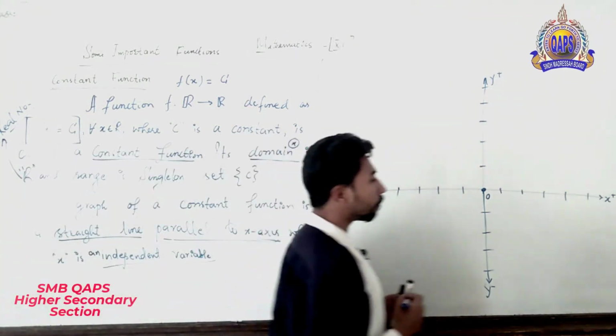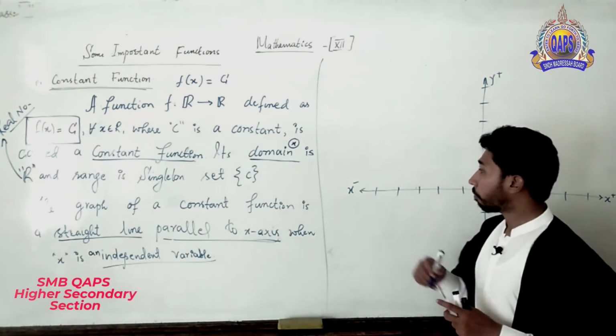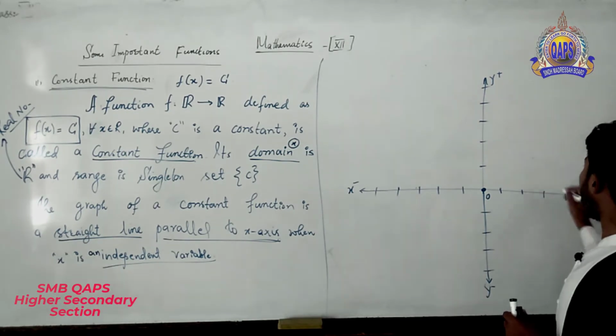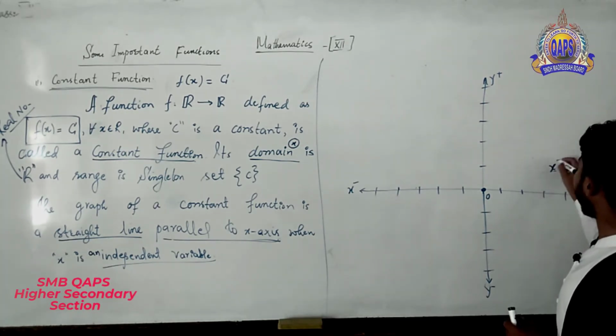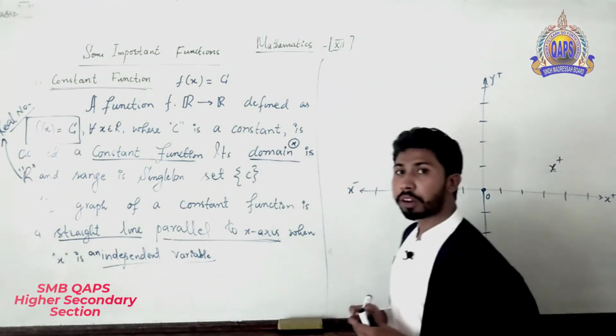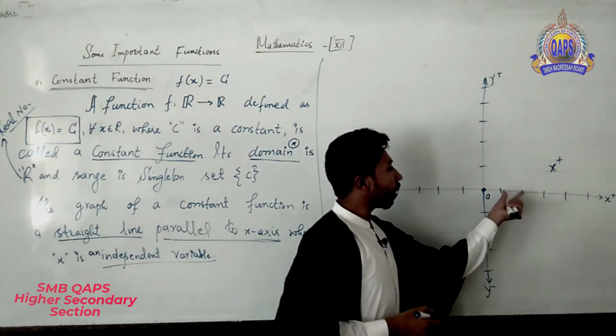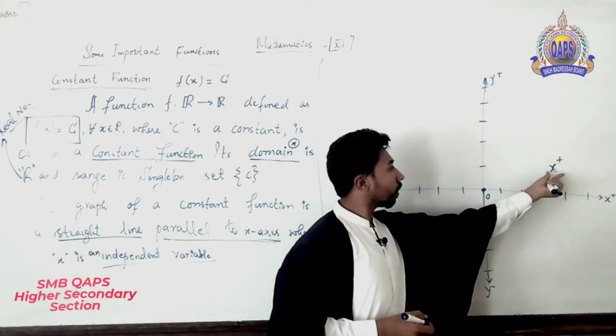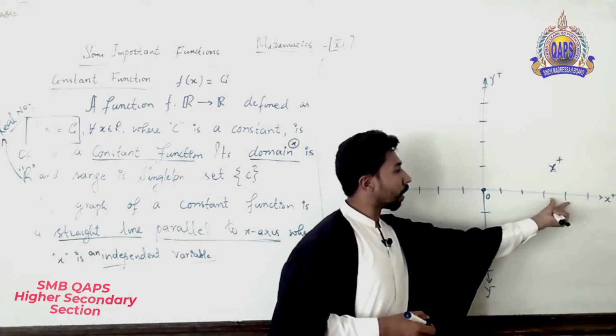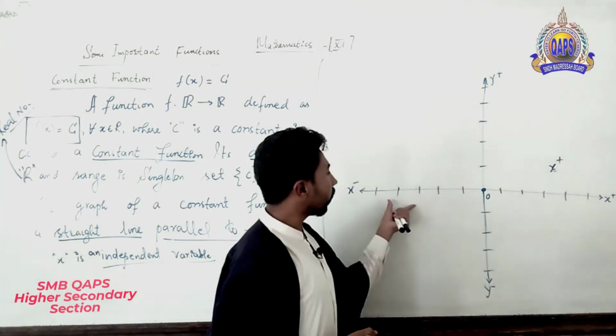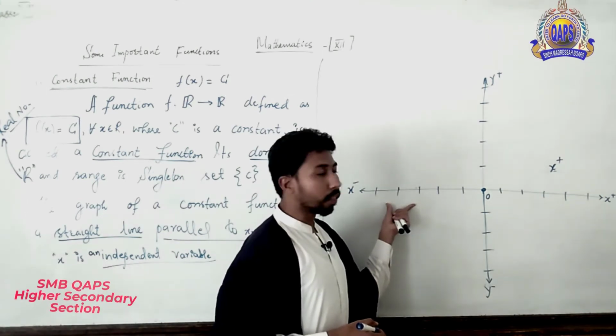Here this is the graph. This is x positive, and this represents a straight line. All the values of x on this side are positive, and all the values of x on this side are negative.